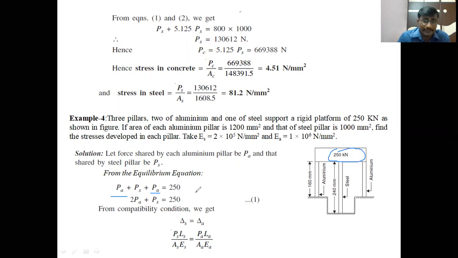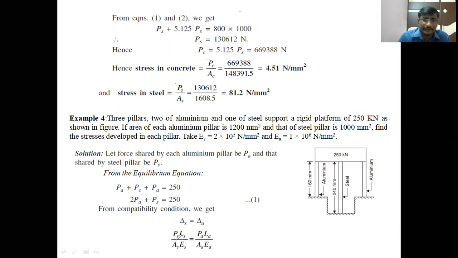So 2PA plus PS is equal to 250. This is the equilibrium equation to find the load shared by the aluminium and steel. Let us take another equation, that is the compatibility equation. What is the compatibility equation in this case?